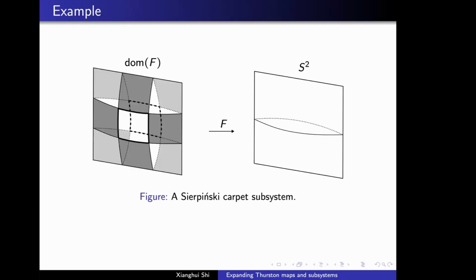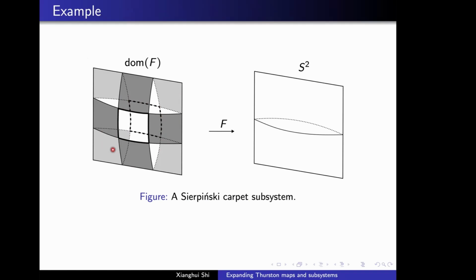So let me show you two examples. We have seen something like this before, but now we remove the middle tile from both the front and the back faces. So the domain of our subsystem consists of two groups of 1-tiles, 8 on the top and 8 in the bottom.